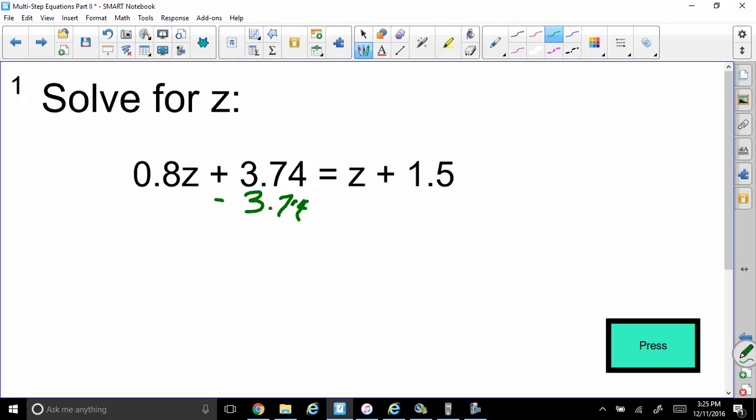I'm going to subtract the opposite of each number on the left side to move it over to the right side. The opposite of plus 3.74 would be minus 3.74. That undoes or cancels out the plus 3.74 on that side, leaving us with 0.8z.